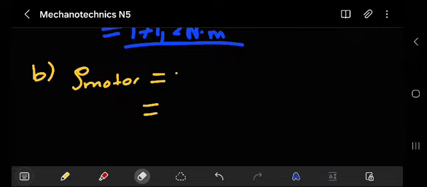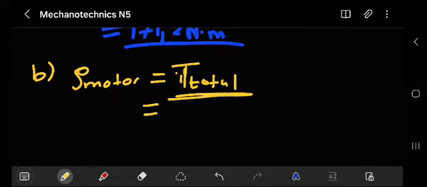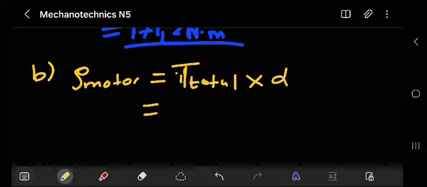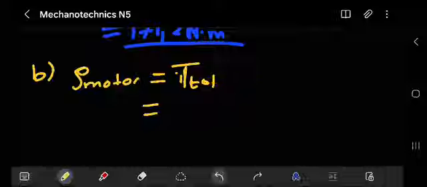Let me write that so that you understand. This will be total torque multiplied by angular velocity.